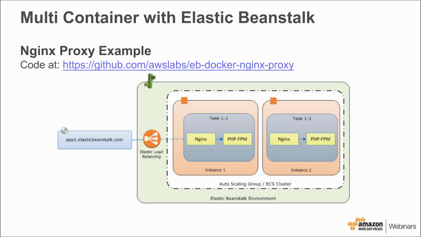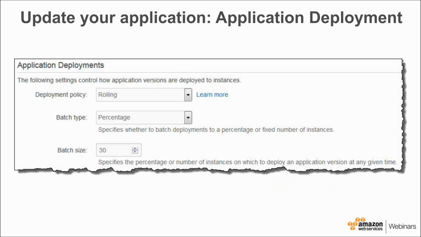In this example, there's an Nginx reverse proxy and a PHP application, and they're linked together. So on every instance, you have Nginx fronting a PHP app. And as we scale that up, you simply get more Nginx and more PHP containers running together on an instance.